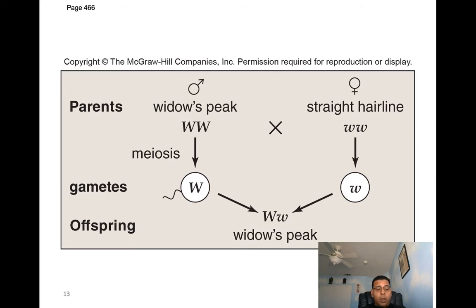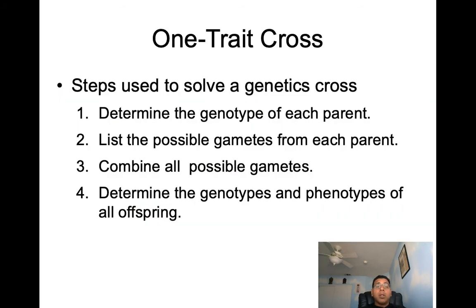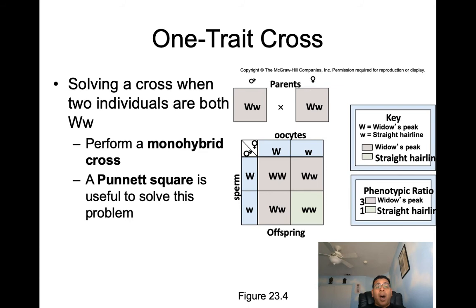This is going to be an example of a monohybrid cross, where a parent that is a capital W and a lowercase w reproduces with another parent who is also capital W, lowercase w. So, two heterozygous individuals mating with each other.